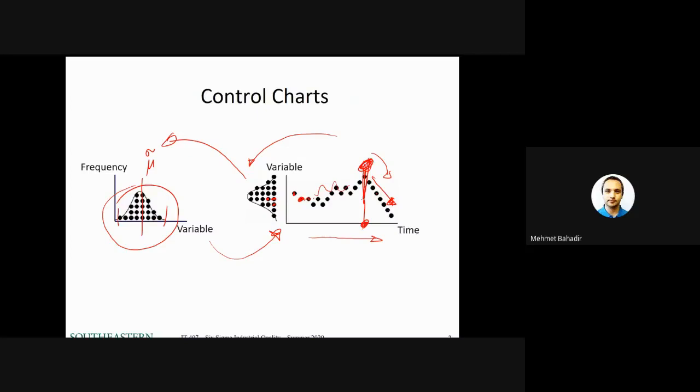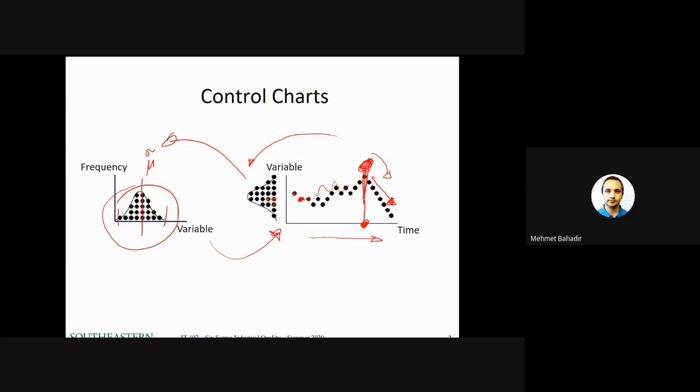For example, if it's a production line, you can go back to that point in time and see if the operator has changed, or a new material came to the production line, or a new setup maybe was made.